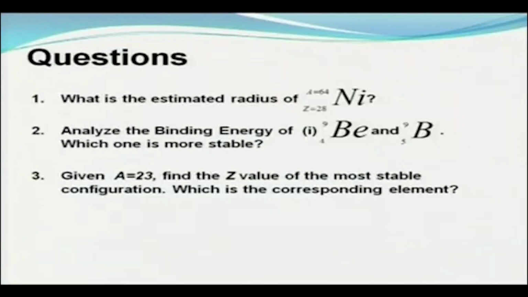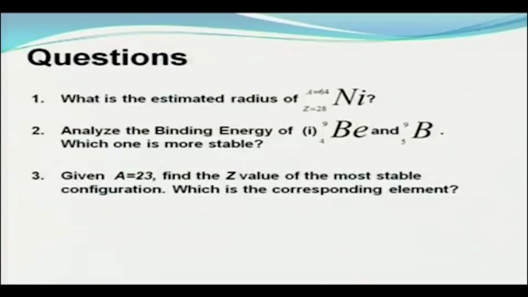You take an element with mass number 23, or take many elements with mass number 23 with different Z values and N values, and find out which one is the most stable configuration, or what is the value of Z which will give you the maximum value for binding energy B. I already told you how to find that out from the expression of the binding energy, and if you find this Z to be equal to some fractional number or some value which is not a whole number, then find out the nearest whole number and find out what is the element corresponding to that. Given the Z value, element is fixed.